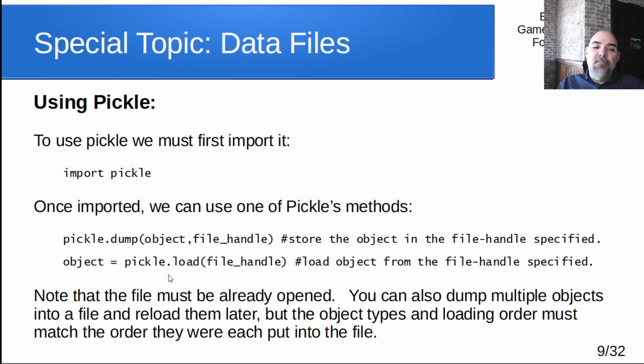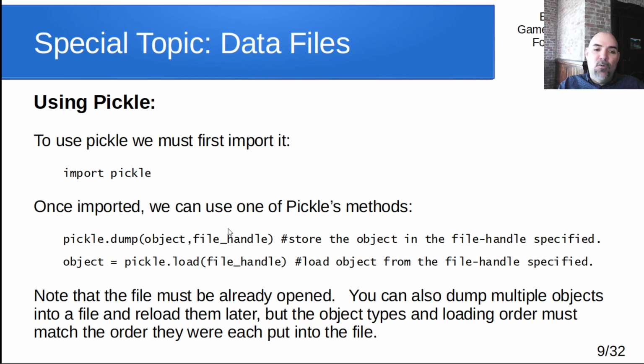And then to do the opposite of that, we can do pickle.load of the file handle, and that's going to return to us an object. So in other words, we have a way to stick an object into a file, and a way to pull an object back out of a file. But again, note that the file has to be opened with the correct mode for either writing or reading. And one thing to note is you can open one file and dump multiple objects.